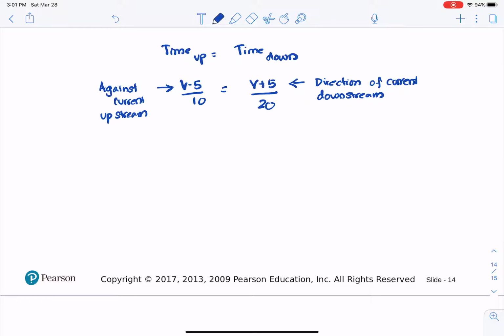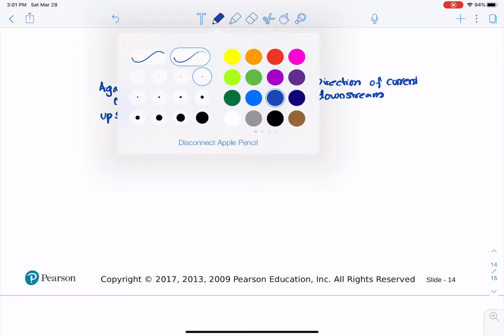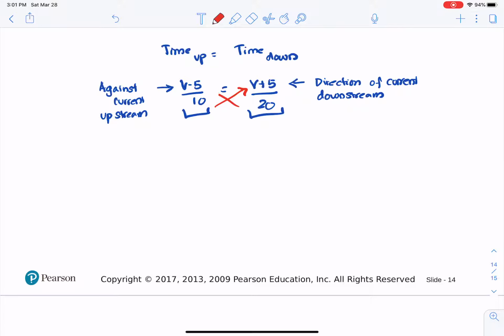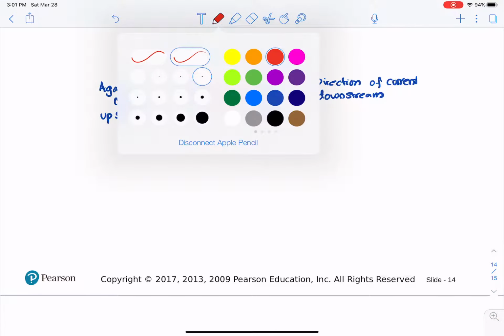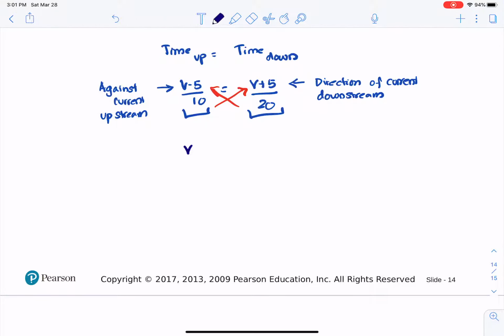So we have a single term on the left-hand side, single term on the right-hand side, so we can directly cross-multiply. So V minus 5 times 20 equals V plus 5 times 10. So 20V minus 100 equals 10V plus 50.